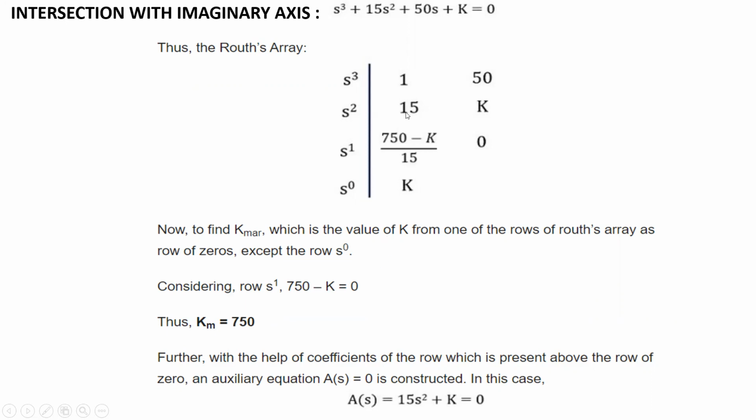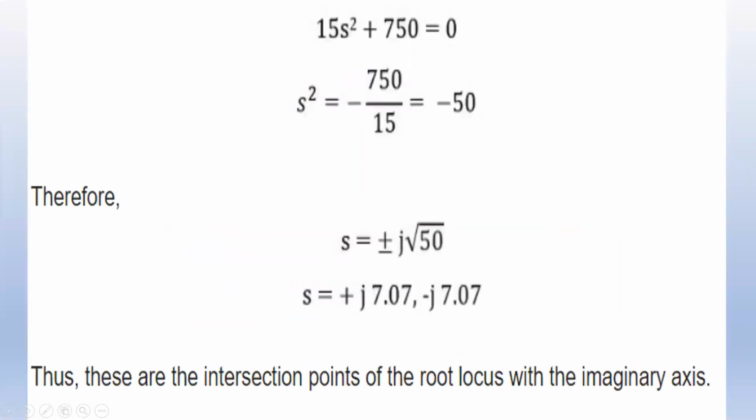So km is 750, from equating this to 0. If we find out the auxiliary polynomial, we have 15 into s square plus k into s power 0. So if we substitute k equal to 750 over here, we have the auxiliary polynomial.